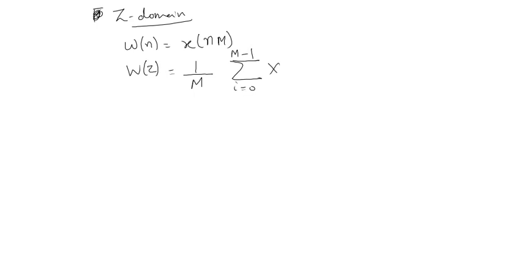We know that when we decimate, equivalently in z domain, z will become z to the power 1 by m, right? So it will be 1 by m multiplied by x.